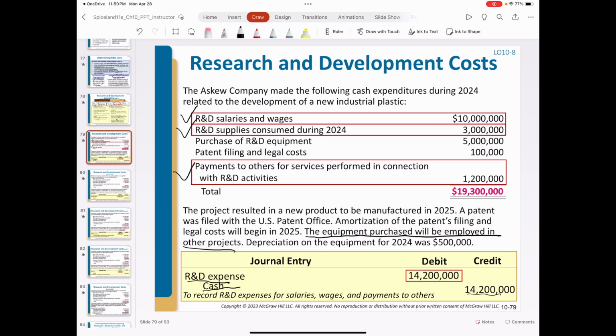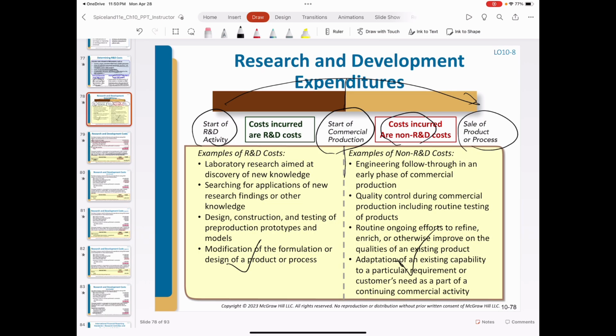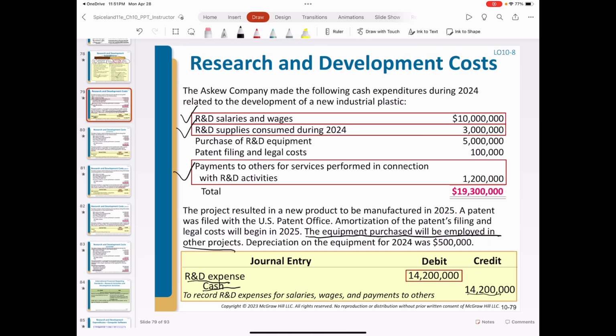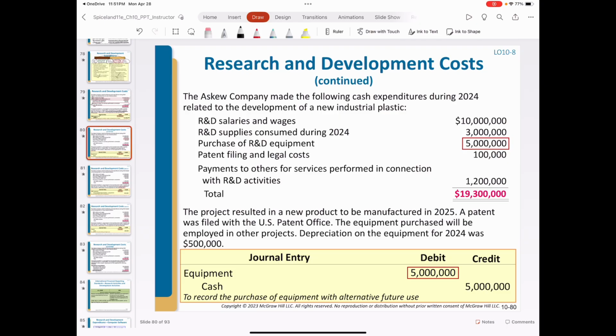Patent filing and legal costs are not part of the research and development activity. We recognize R&D expense, which is the sum of these three expenses. For the purchase of R&D equipment, we debit equipment and credit cash. Again, the reason is this equipment will be employed in other projects.